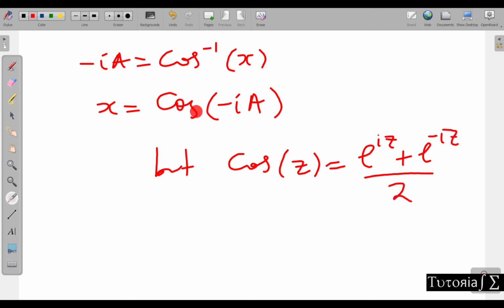So this now can be replaced, or we can use this. We can use this for this. So we're going to say x will be equal to what? If we use this definition on this, then x will be equal to what?